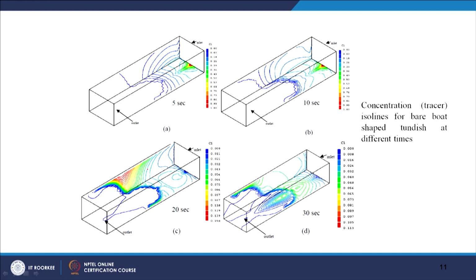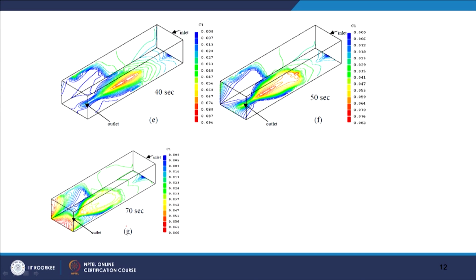So the first appearance of the tracer will be somewhere close to 20 seconds in the case of the boat shape, and then it moves further. Finally at 40 seconds, your maximum concentration is here, and it is moving towards the outlet.